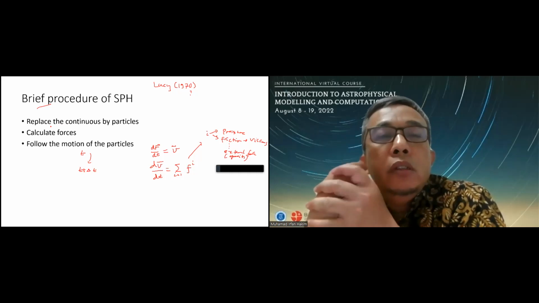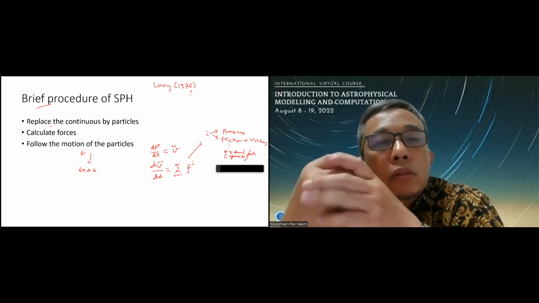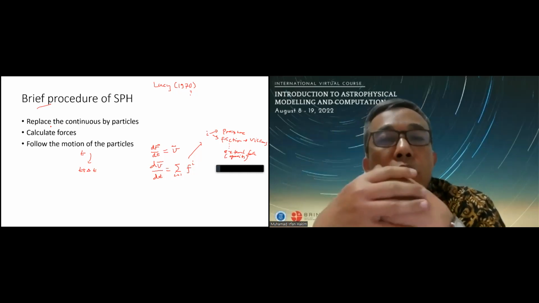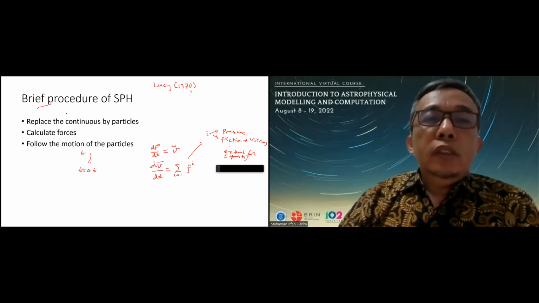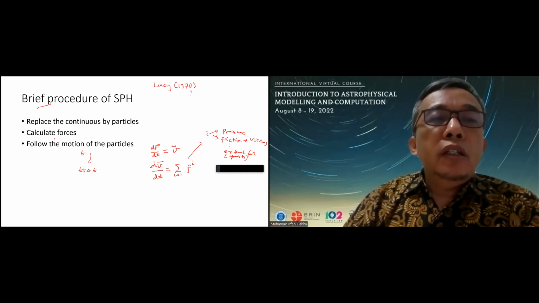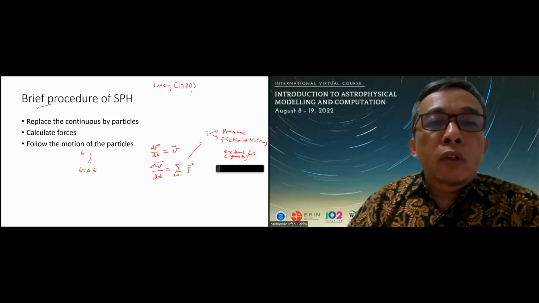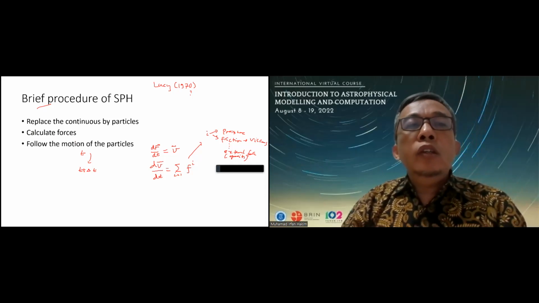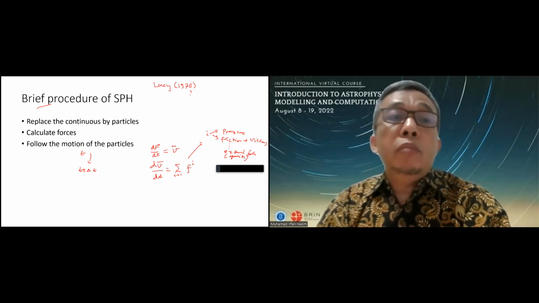So we do this in repeated steps. We calculate forces in step 2, for example, and follow the motion, and so on and so on. This is the brief procedure of smooth particle hydrodynamics.